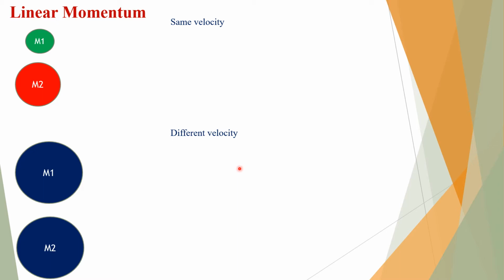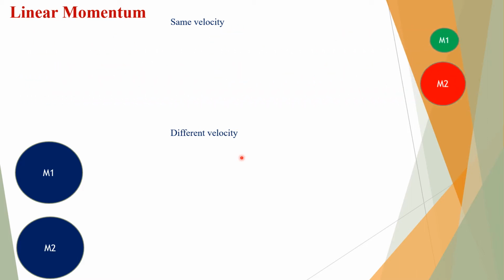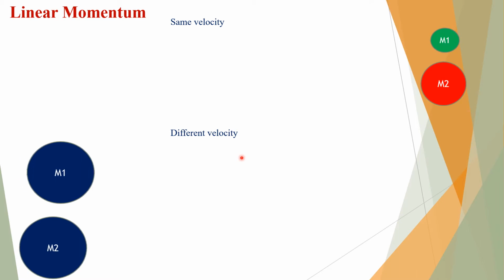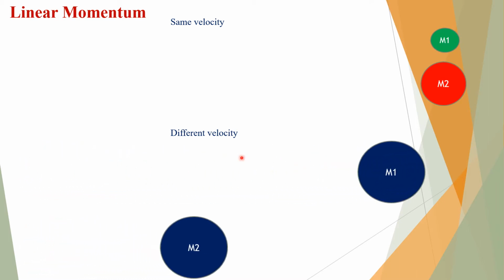Object m1 is moving with greater velocity than m2, so it's difficult to stop m1. So from here we can conclude that for greater masses we need more force to stop, and for greater velocity we need more force to stop that object.